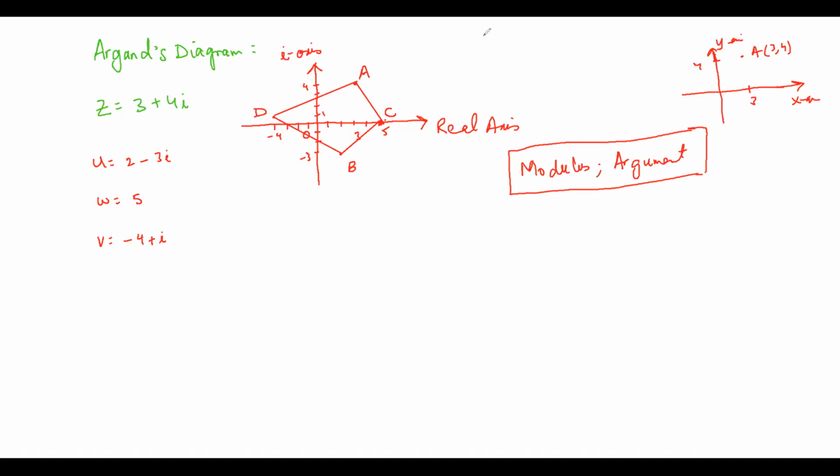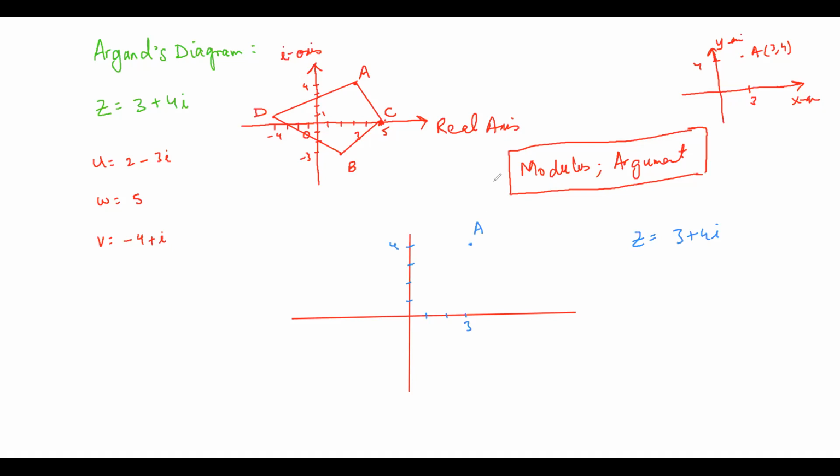Now, suppose here is your imaginary axis, here is your real axis, and suppose this z is here, which is 3 plus 4 iota. So this is 3 here, and this is 4 here.